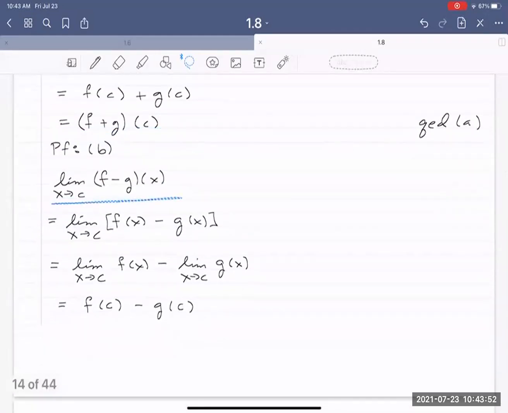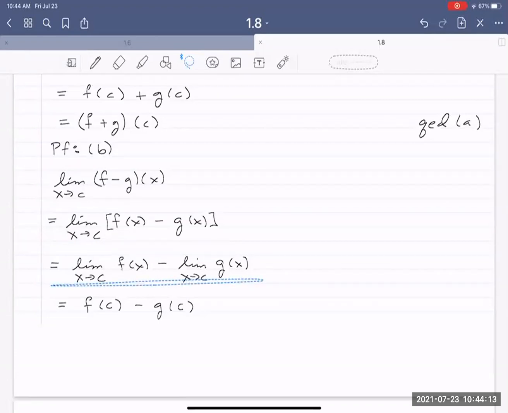The limit as x approaches c of f minus g at x is equal to, again, by the pointwise definition of the subtraction of two functions, f of x minus g of x.